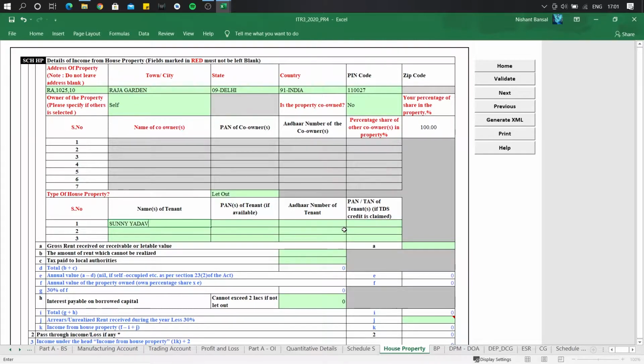So since the TDS has not been deducted on the rent, it's not mandatory to write the PAN or TAN of the tenant here, because it's clearly mentioned that we have to mention these details only if TDS credit is claimed. But since it's given in question, we can mention it here.